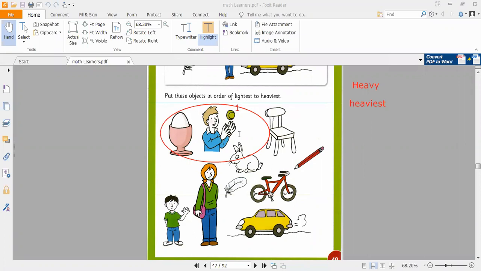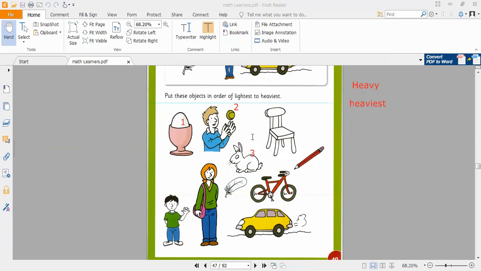So the ball is not the lightest, as if you think the egg is the first lightest thing. When we boil the egg, it is the lightest thing. So write on the egg, one. Ball, two. And the rabbit is three.